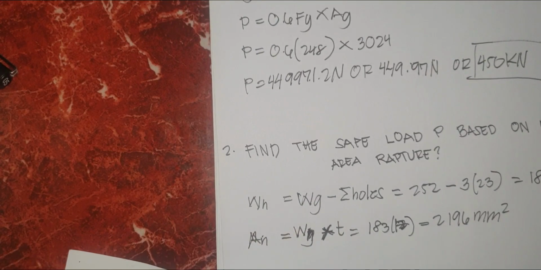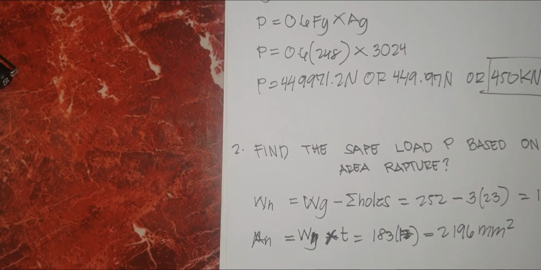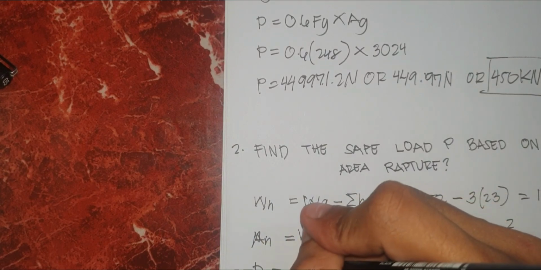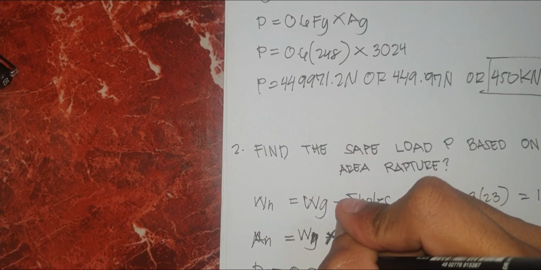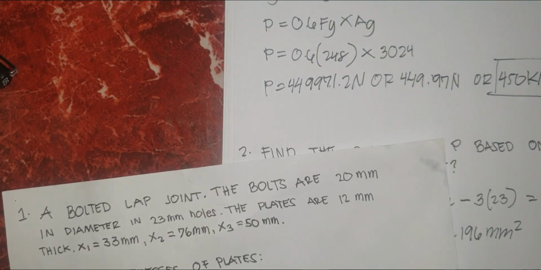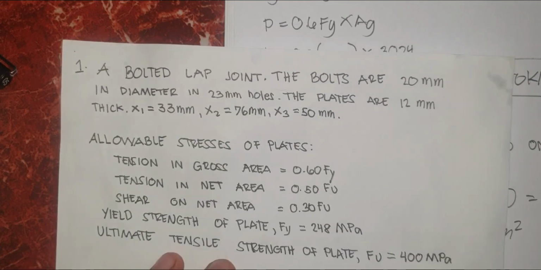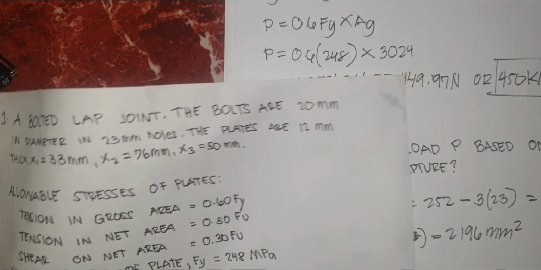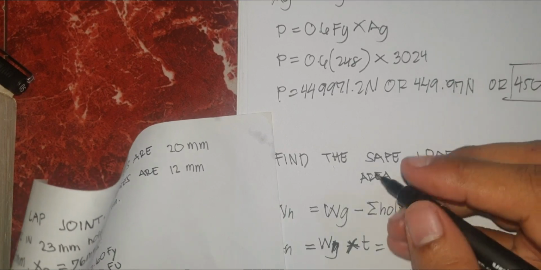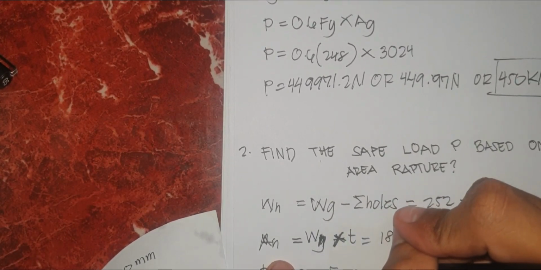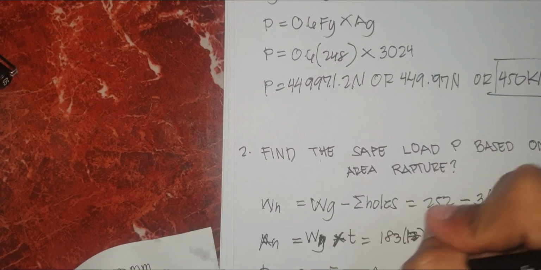So to find P, P equals 0.5 Fu, where Fu is the ultimate tensile strength of the plate, 400, times the net area.